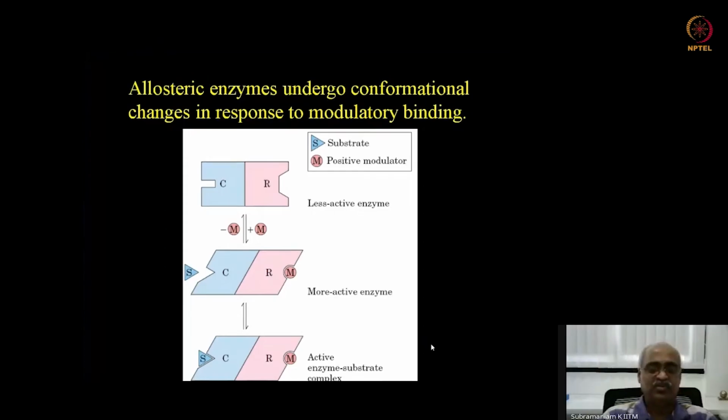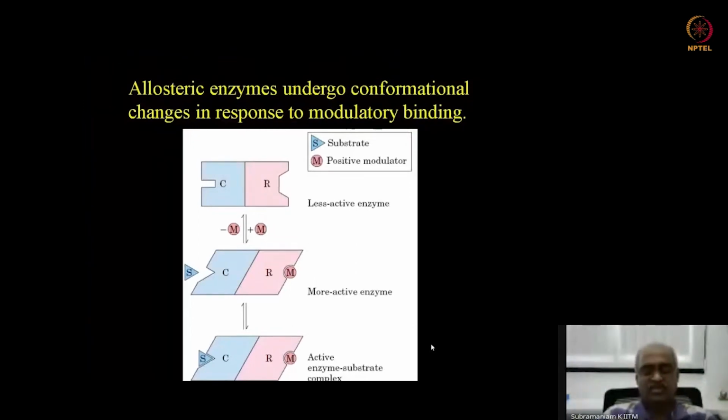So the allosteric regulator in this case is the substrate itself, which is oxygen. Binding to one subunit activates the substrate binding, that is oxygen binding, on the other subunits.